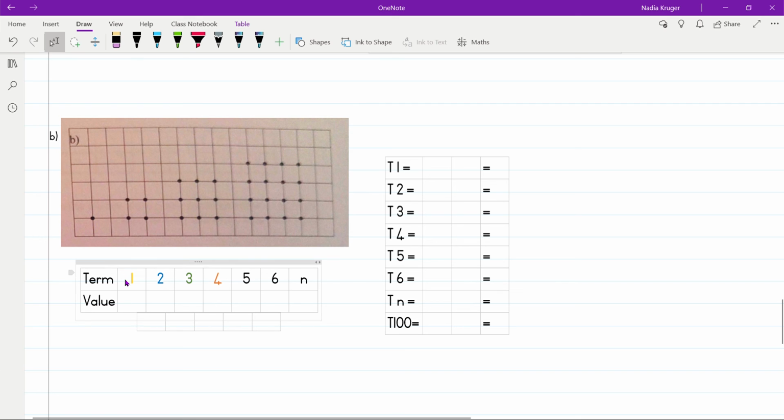So in this term, here we've got term 1, which is 1. Term 2 is 4, term 3 is 9, term 4 would be 16. Term 5, let's see what our constant difference is. 1 plus 3 is 4, 4 plus 5 is 9. 9 plus 7 is 16.